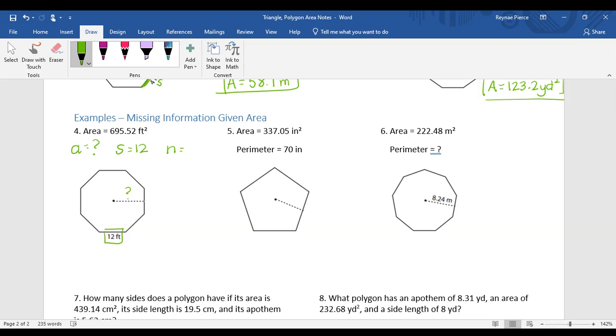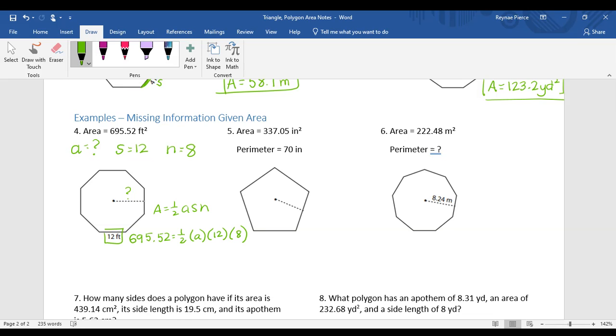So we can just count 1, 2, 3, 4, 5, 6, 7, 8 sides. I'm going to substitute into 1/2 ASN those pieces that I know. My area is 695.52. I don't know my apothem. My side length is 12, and I have 8 sides.